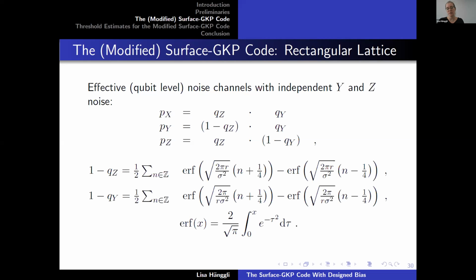And you don't have to study these expressions in too much detail. What is important is that the first expression is monotonically increasing in R, whereas the second expression is monotonically decreasing in R. And this in particular means that we get that P_Z is much smaller than P_Y for R large enough. So in other words, by tuning the asymmetry ratio, we achieve the desired bias on the level of the surface code.